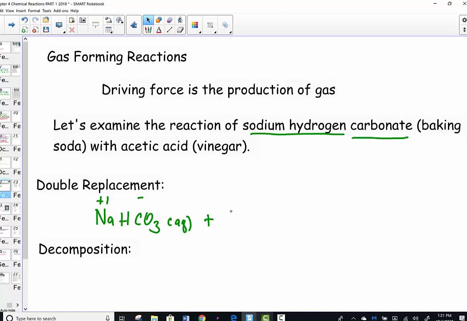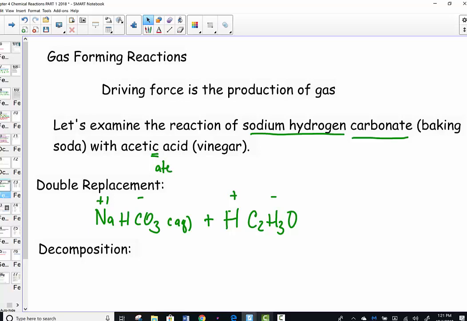Hydrogen acetate. Hydrogen is a +1. Acetate is a polyatomic ion with a -1 charge. Acetic, this ic, came from ate. So to write that formula, I had to look up acetate.